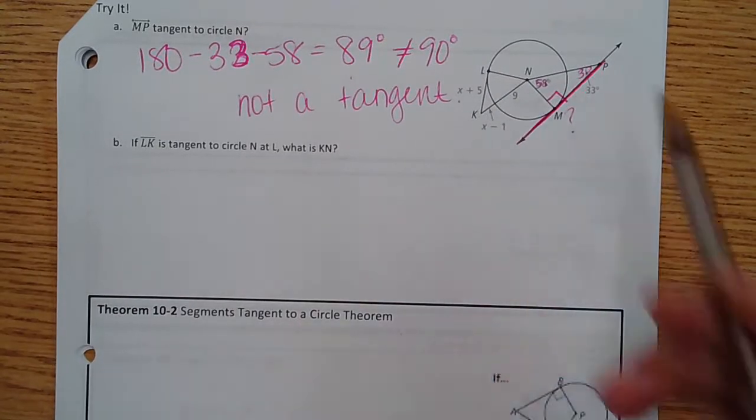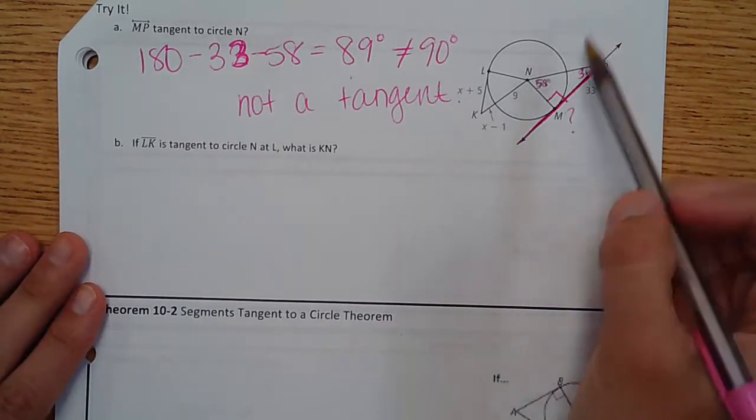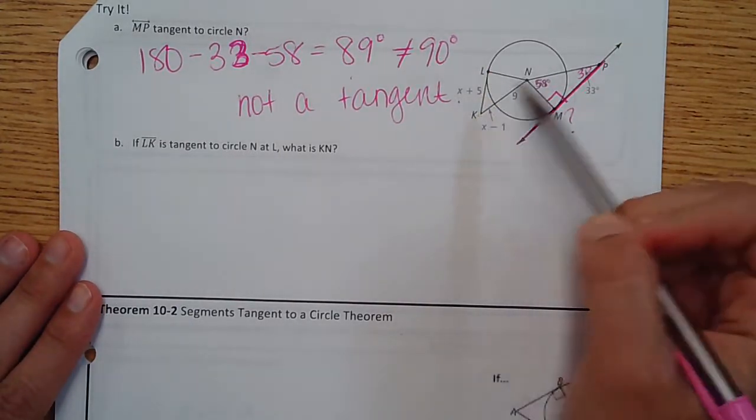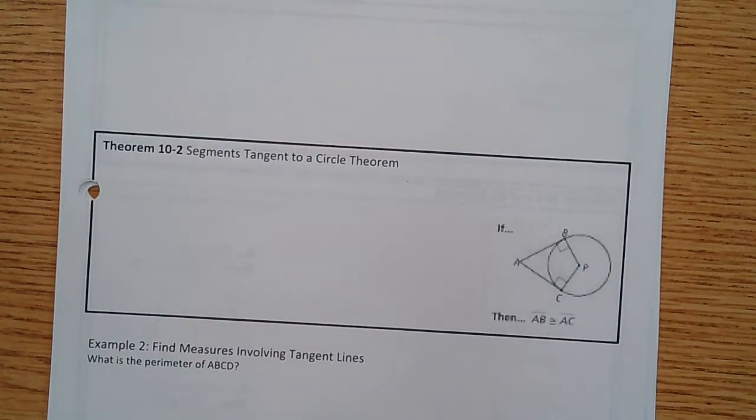All right, so now this time we're going to skip this problem. Don't worry about it. All right, the last type of example says, segments that are tangent to a circle theorem.